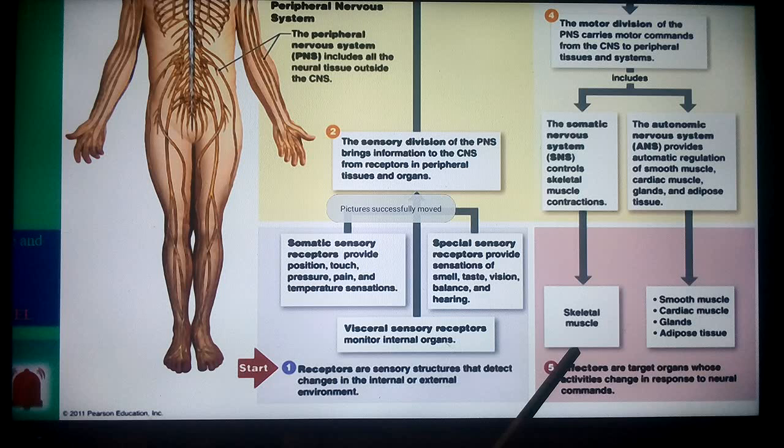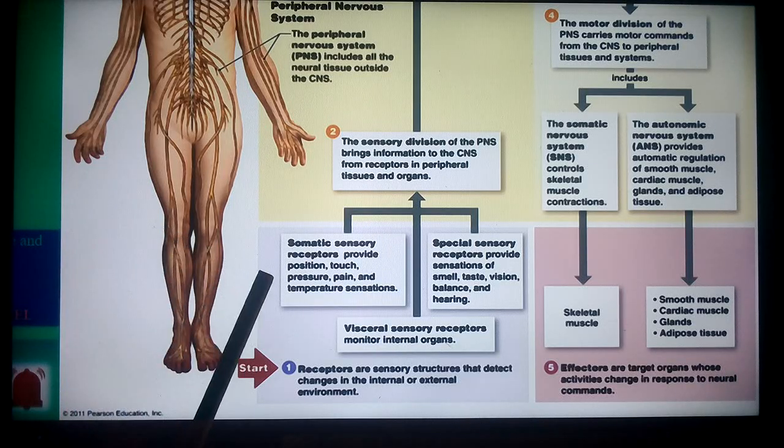So we have effector organs whose activity changes in response to the information they have received from the somatic and autonomic nervous systems respectively.